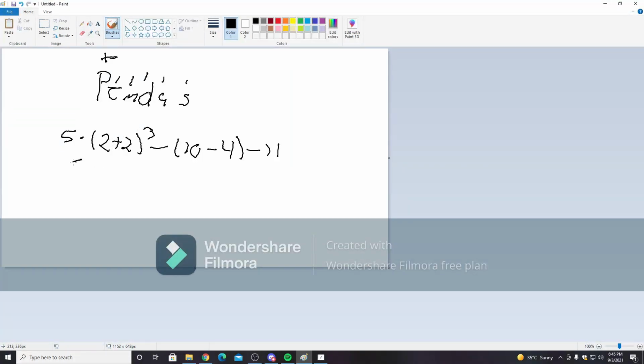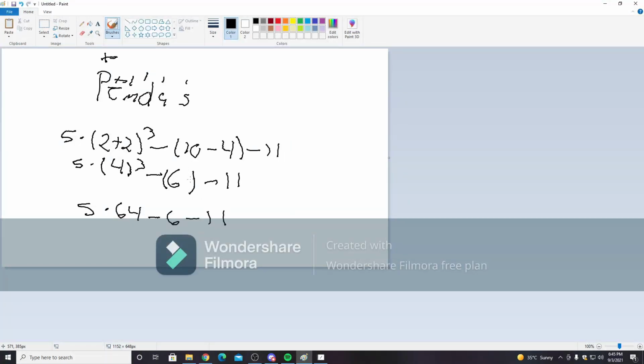So it's going to be now 5 times 4 cubed minus 6 minus 11. And then now we do exponents, which is going to be 5 times 4 times 4 times 4, which is, I think, 64. That sounds about right. Minus 6 minus 11.